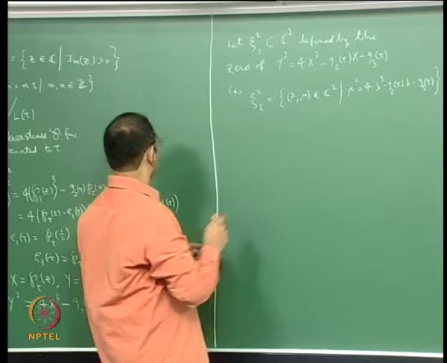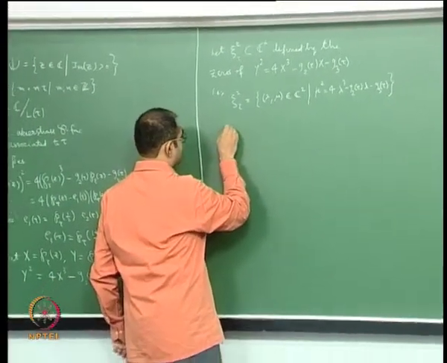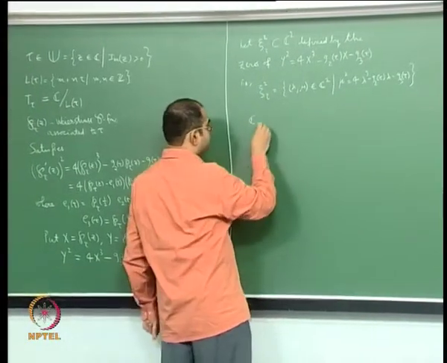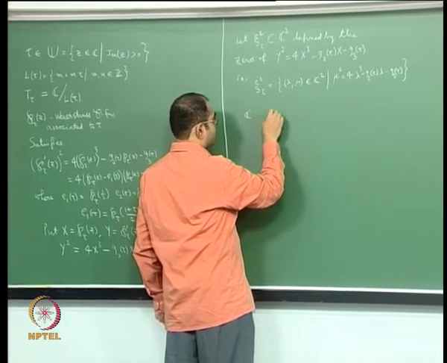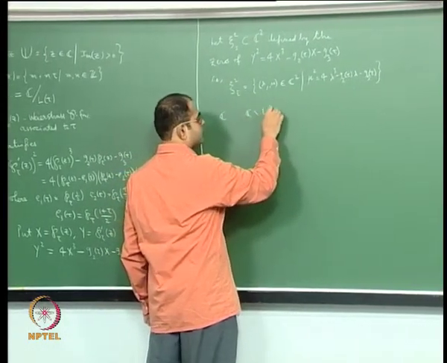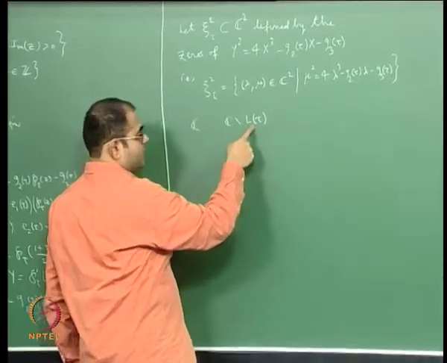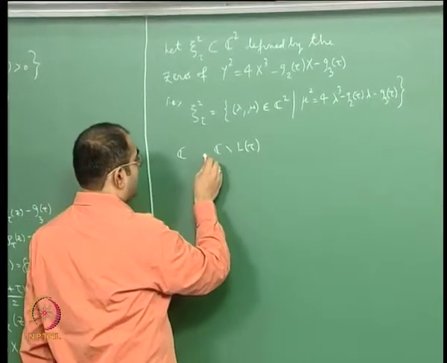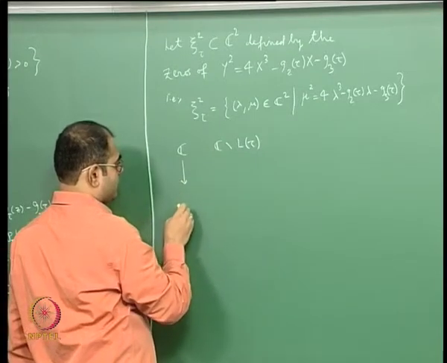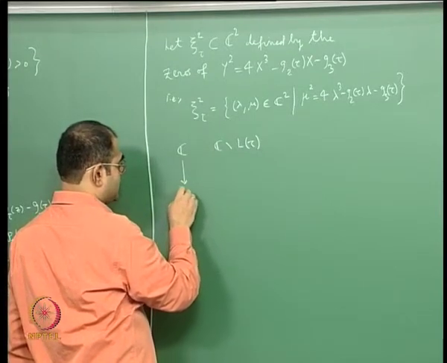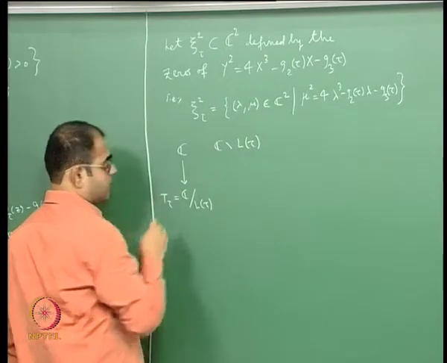Now what we can do is, so we have the complex plane, and then you have the complex plane minus the lattice. This is the open set where you have taken away all the lattice points, okay, and then of course you have the quotient of this by the lattice to give you the torus, the complex torus.